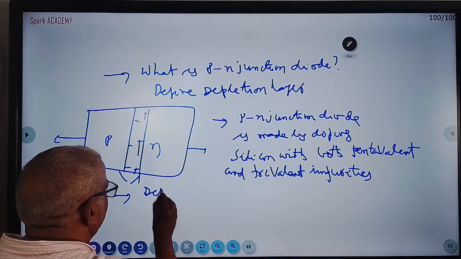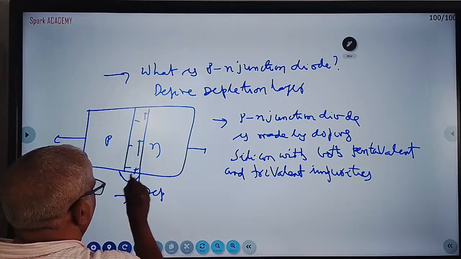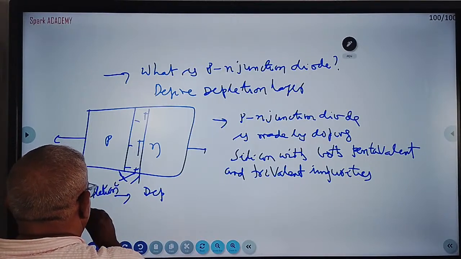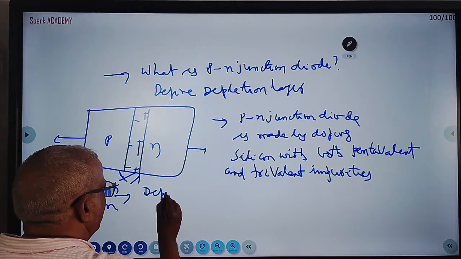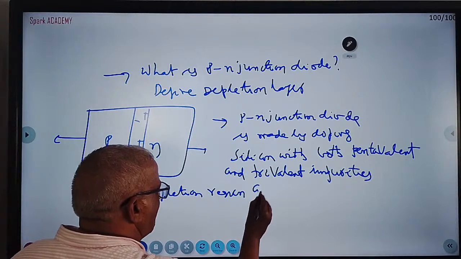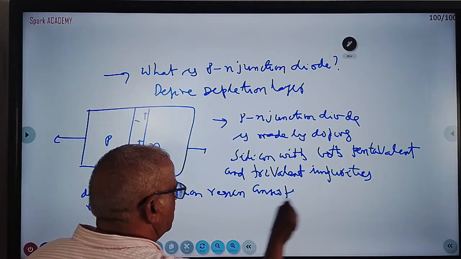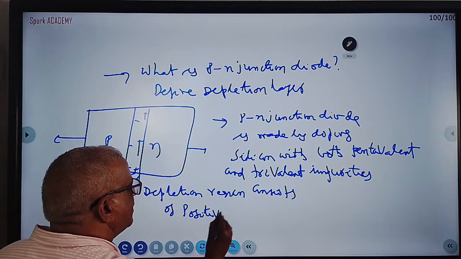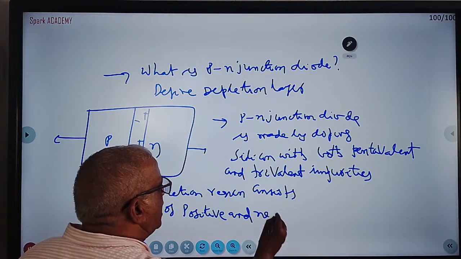This is called the depletion region. The depletion region consists of positive and negative ions.